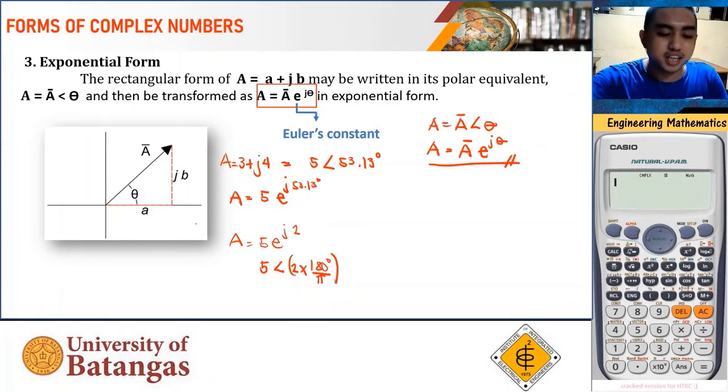So, let's try na pindutin natin yun. Okay, so 5. So, ang bar angle ay shift negative. So, yun yung ating bar angle. So, 5 bar angle 2 times 180 over pi.